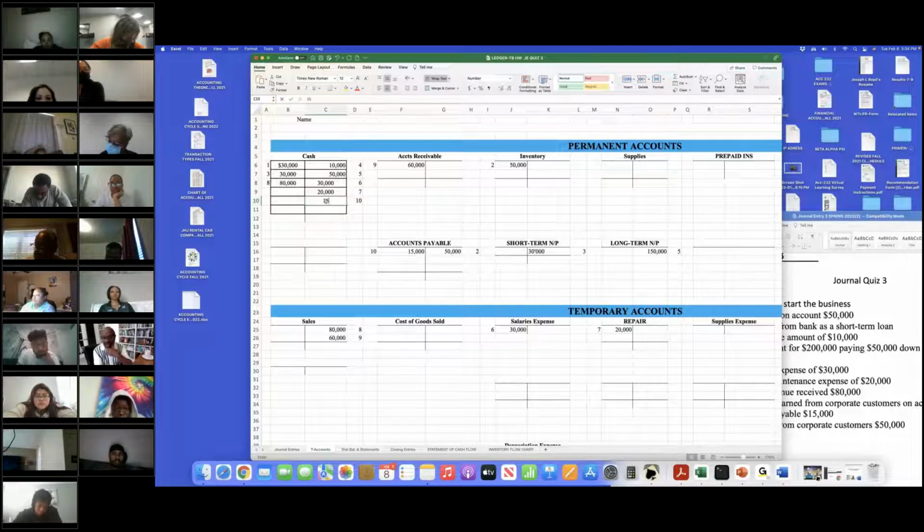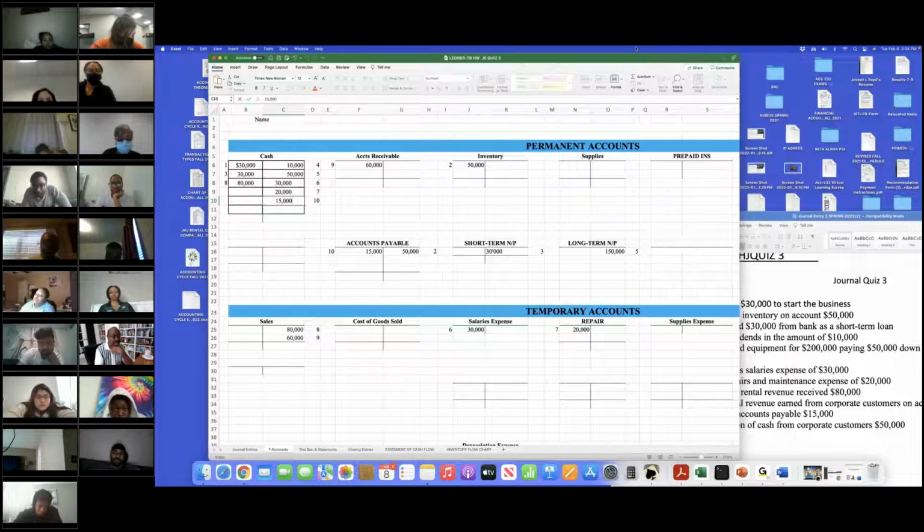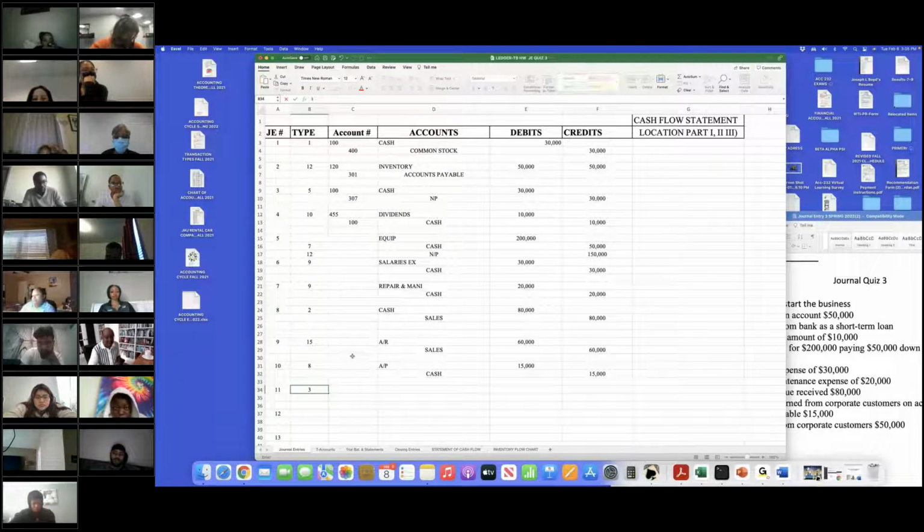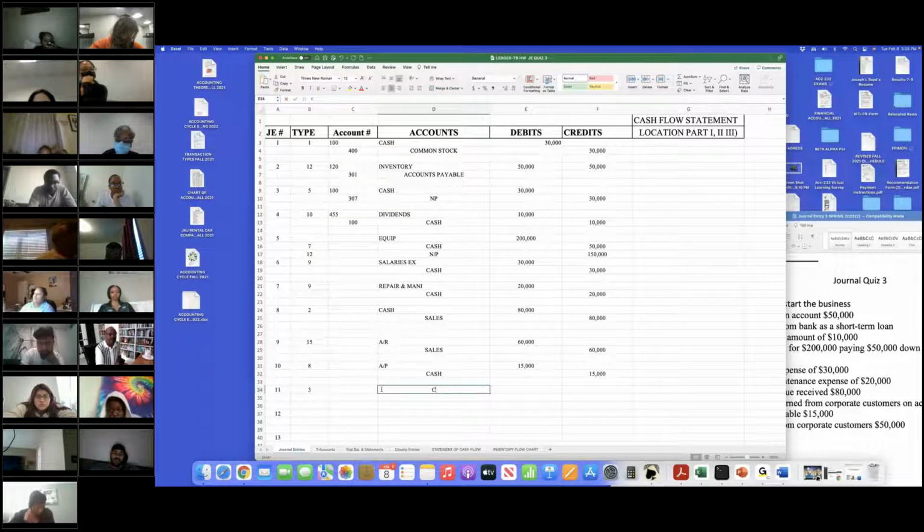And in our final journal entry, we collect cash of 50,000 from corporate customers. So we know that that is a type 3. We're going to debit cash, and we're going to credit accounts receivable.